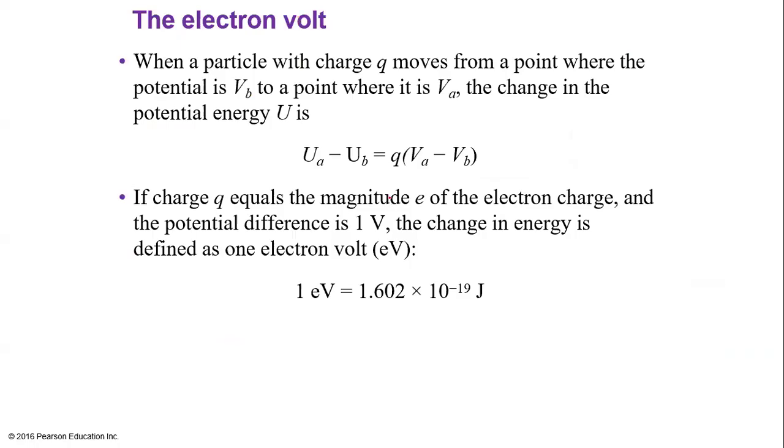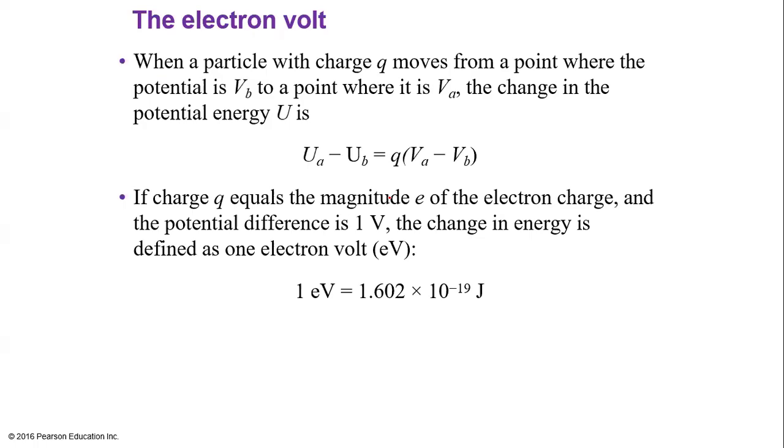When a particle with charge q moves from a point where the potential is V_B to a point where it is V_A, the change in the potential energy U is the electric potential energy at A minus the electric potential energy at B, which is equal to q times V_A minus V_B.